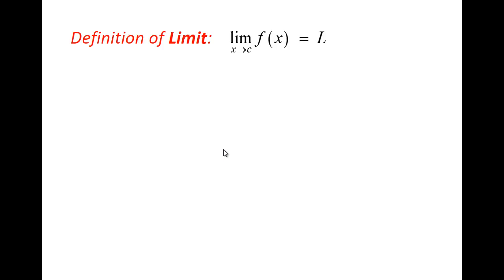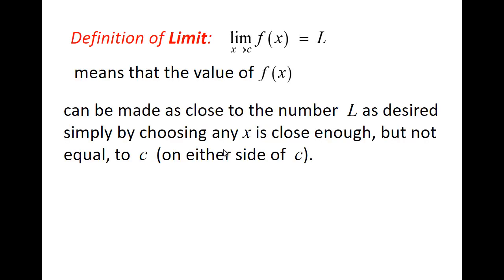Here is, I think, a little bit better version of the limit. The limit of f of x as x approaches c is equal to the number L. This means that the value of f of x can be made as close to the number L as desired simply by choosing any x close enough but not equal to c on either side of c.